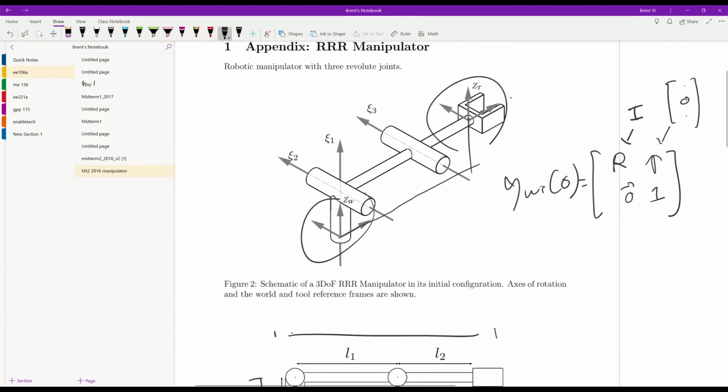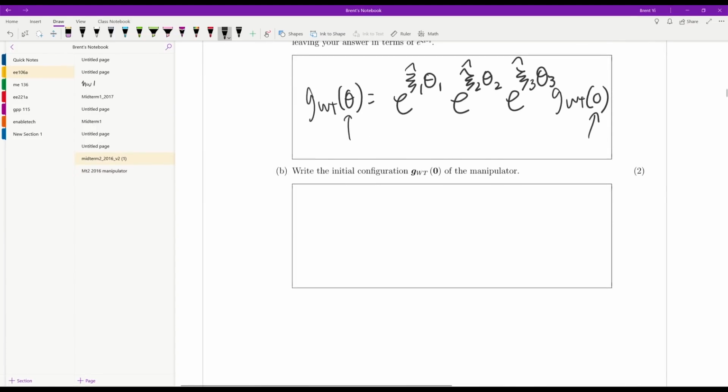So we get L1 plus L2, and then L0 for z. Putting all this together, we can write GWT of 0 is equal to a rotation, which is the identity matrix, and then a translation, which is L1 plus L2, 0, and then L0. And then to make it homogeneous form, we put all zeros and then 1 at the bottom row.